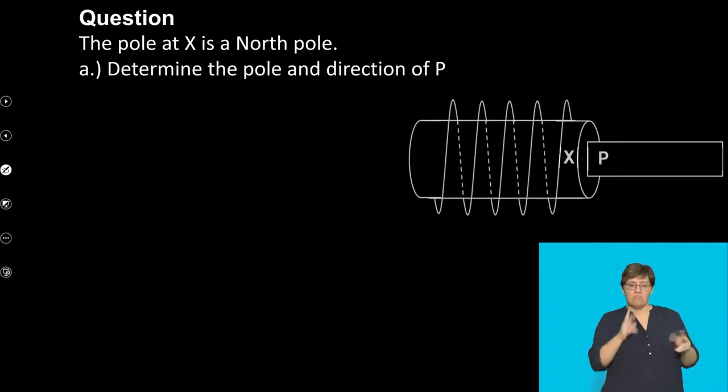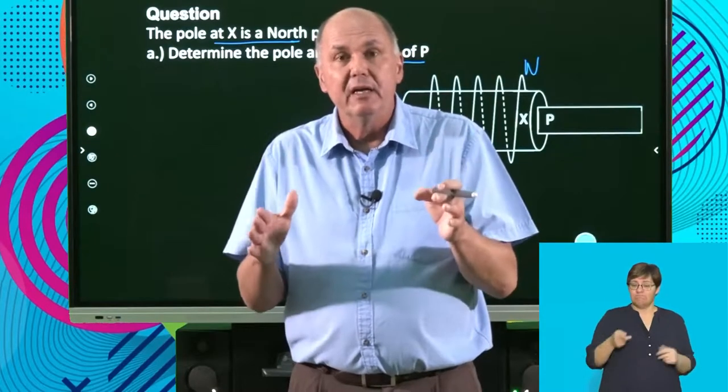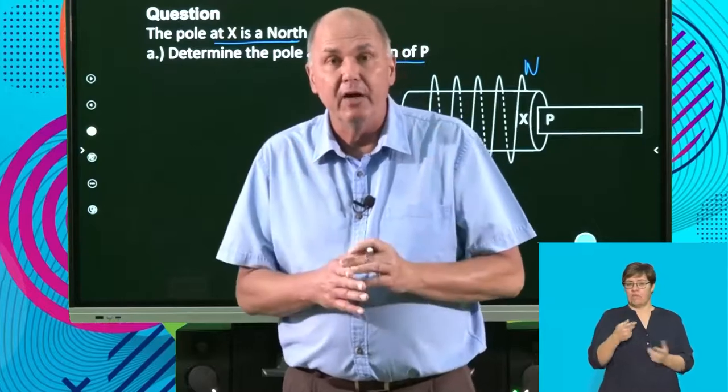Let's have a look. The first thing it tells us, determine the pole and direction of P if X is a north pole. So if X is a north pole, then what are the ways that P must be moving for X to be a north pole?